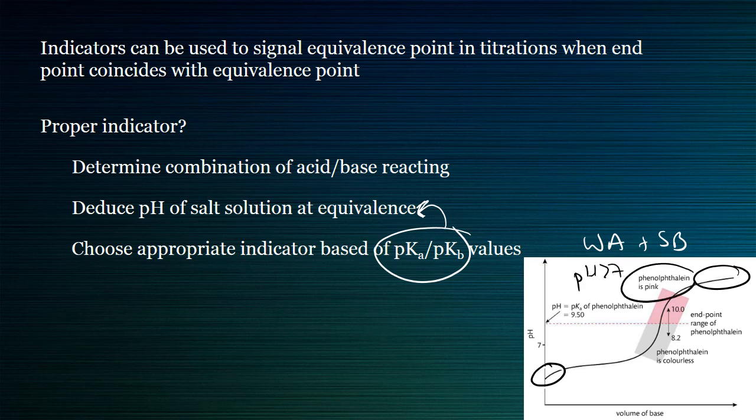So we picked an indicator, phenolphthalein, that has a pKa value of 9.50. Well, that's between the jump of 7 to 11 that occurs with the weak acid strong base. So that means it's within the range of what we expect the equivalence point to be. Therefore, phenolphthalein would help us predict when that neutralization occurs from your weak acid and strong base.